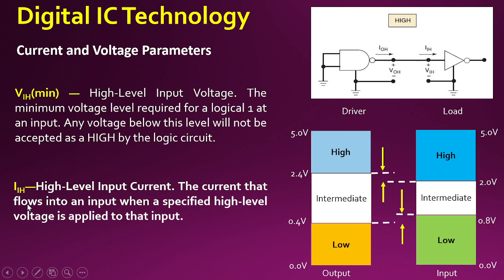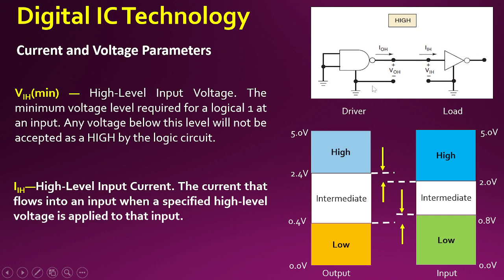Now when the driver output is high, a current will be coming out of the system into the load. So if we talk with respect to the driver, this will be called the source current, and here the current is getting into the system, we can call this a sinking current.